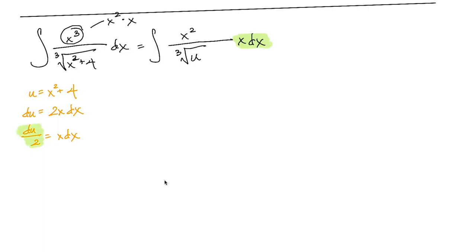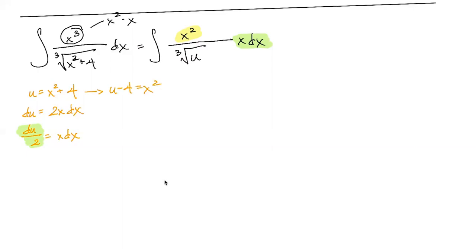And we don't have it yet, but in one easy step, we can find a notation for x squared in terms of u. What I mean by that is we can go back to this u equals x squared plus 4 and say u minus 4 equals x squared.